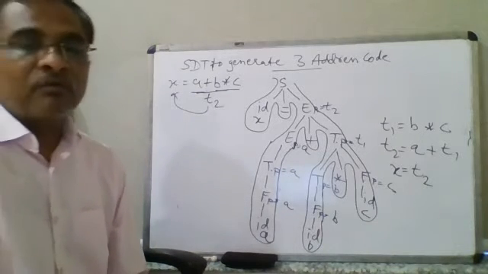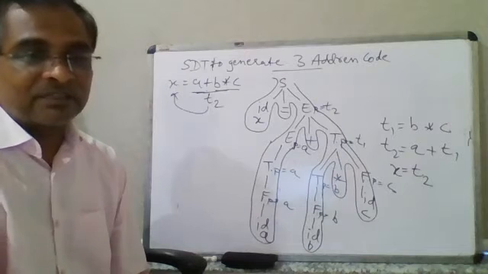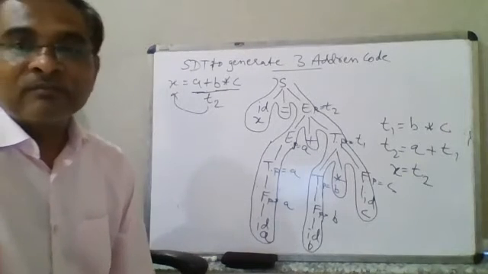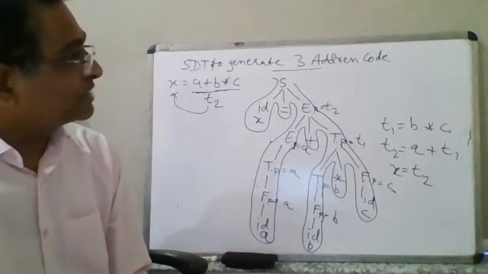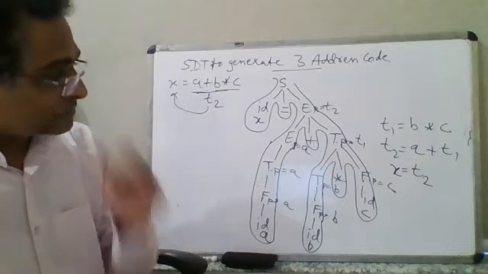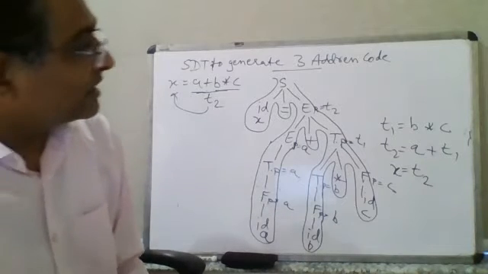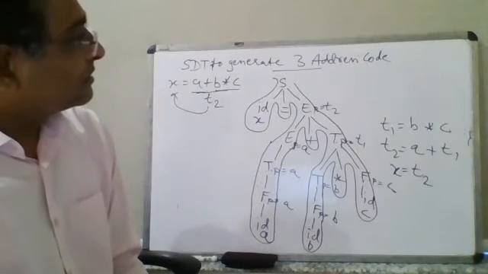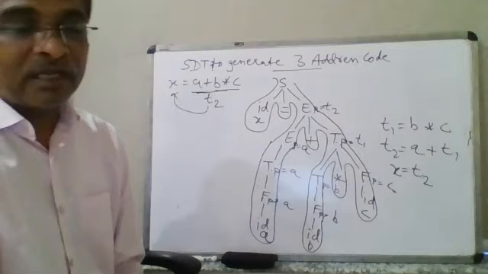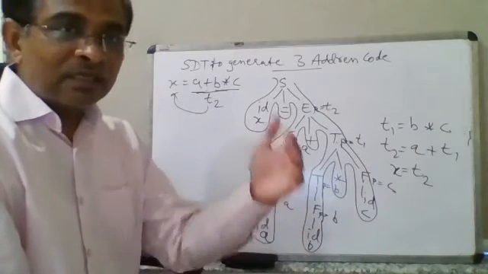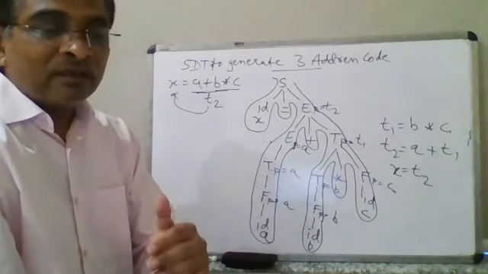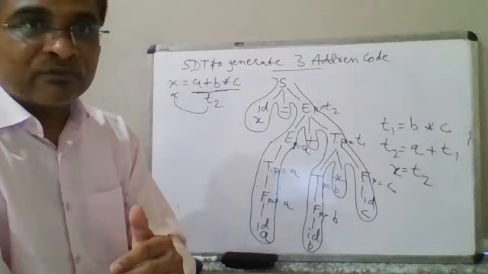We can classify SDTs into 2 types. That is what we are supposed to see next. In the SDT, it could be either completely inherited attributes, or it could be getting the value from the siblings.